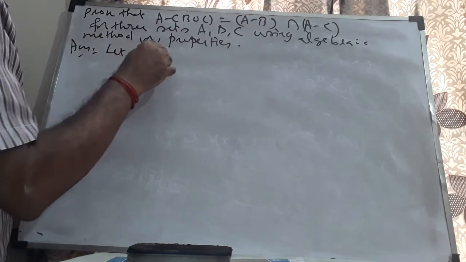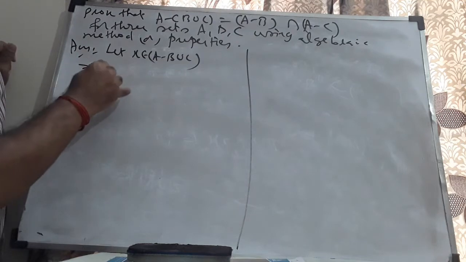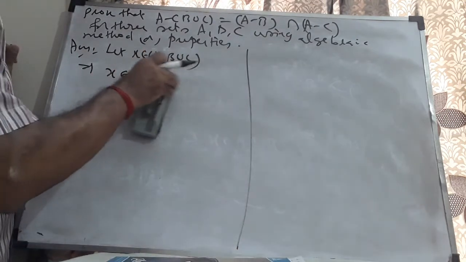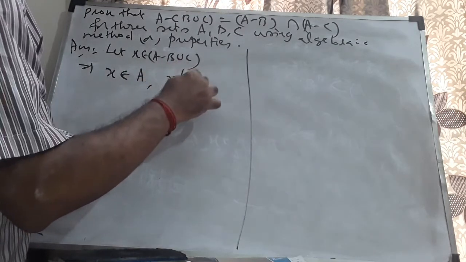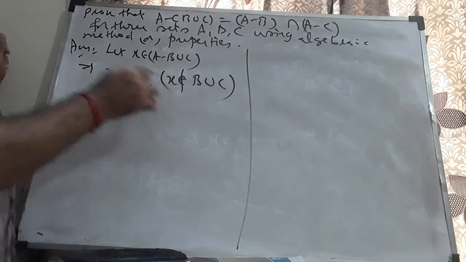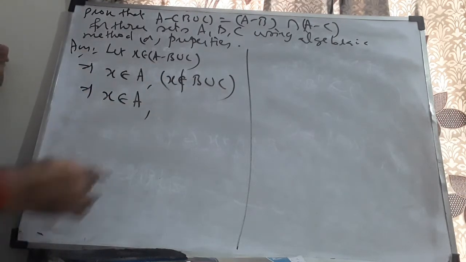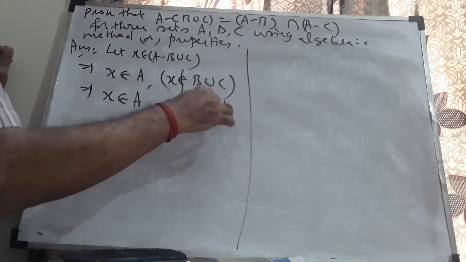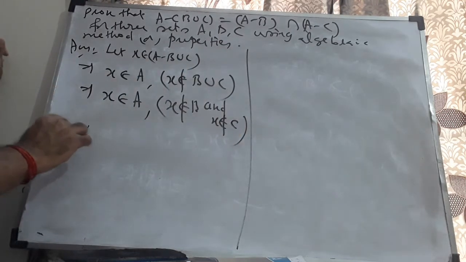Let X element of A minus B union C, which implies X element of A, but, or you can even put it as comma, X not an element of B union C. All the elements in A but not in B union C, which implies X element of A, X not in B and X not in C. If it is not there in both, it won't be there in the union.